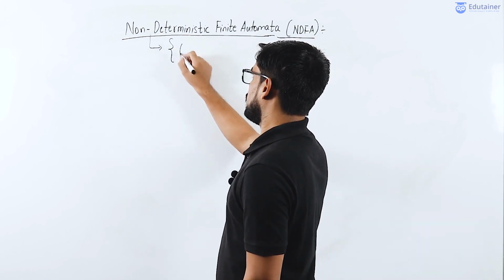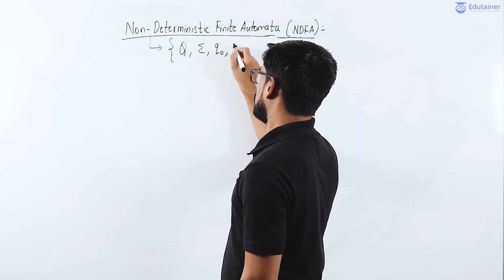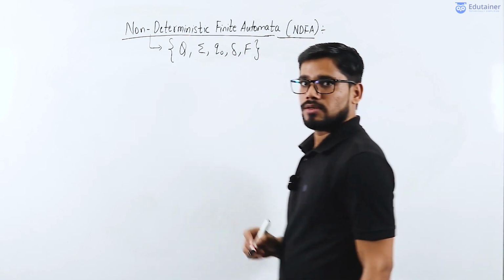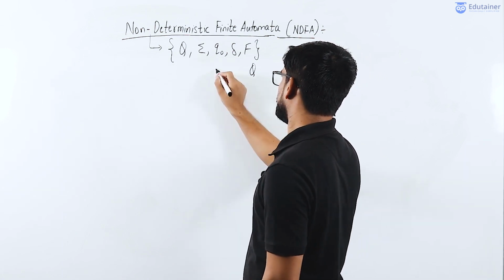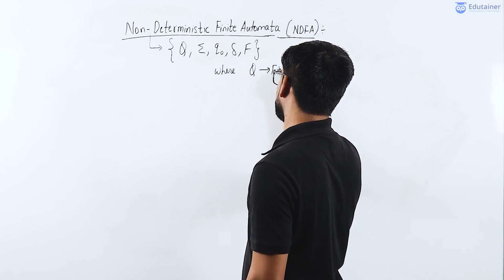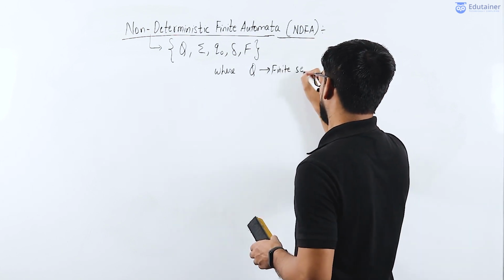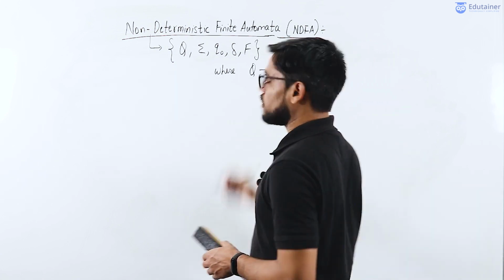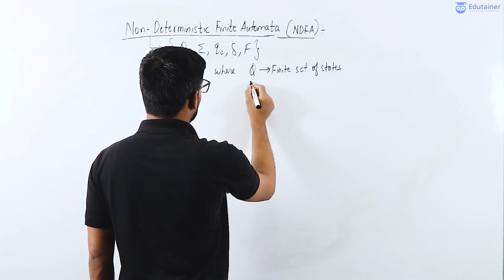So non-deterministic finite automata will also contain 5 tuples, similar to deterministic finite automata. It will contain capital Q, sigma, Q naught, delta and capital F. Capital Q is the finite set of states. Just for completion, I will take all the symbols here.